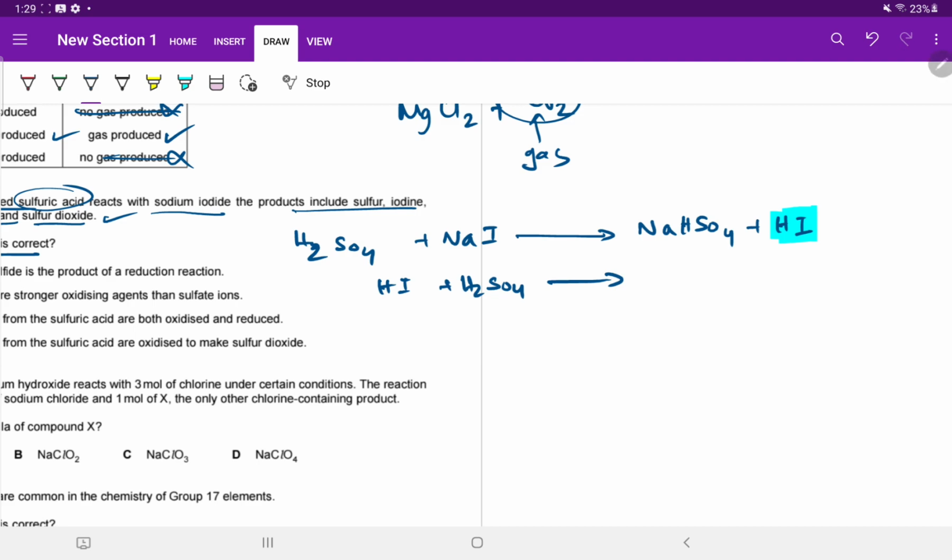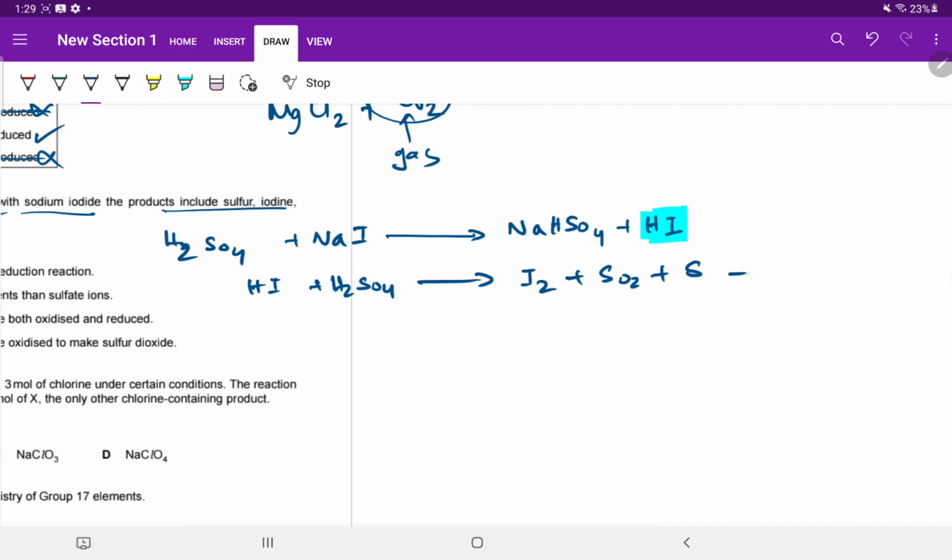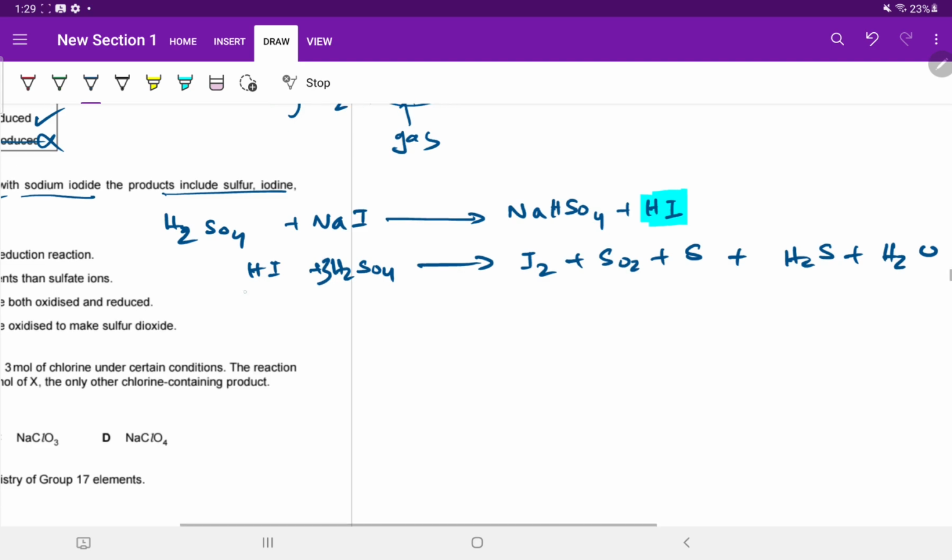The products will be iodine plus sulfur dioxide plus sulfur plus H2S plus water. If you need to balance it, this will be 3 moles of sulfuric acid, 16 moles of HI, 8 moles of I2, and 10 moles of water.